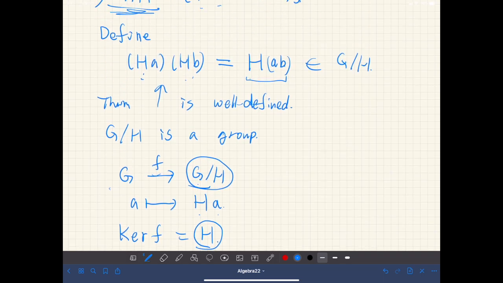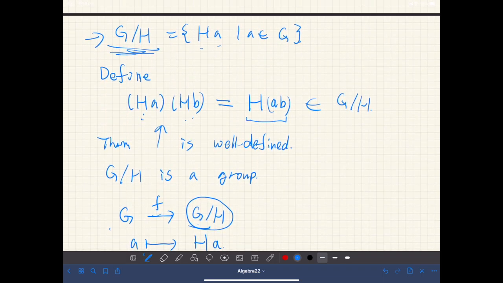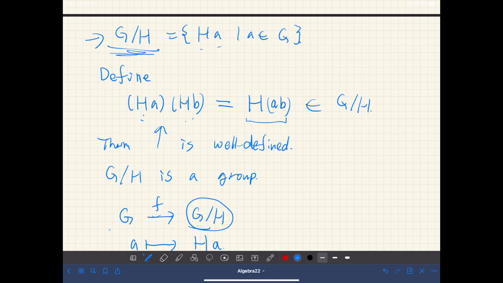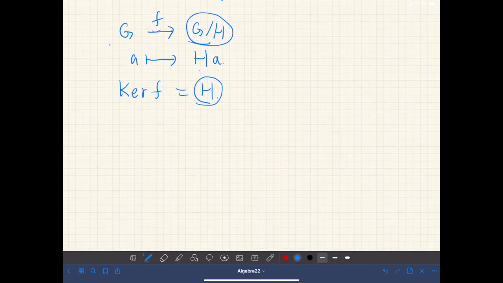Before proving this theorem, we need to understand what this well-defined means. We are saying this definition of binary operation is well-defined, but what does it mean? In the present case, this coset can be expressed in a different way.